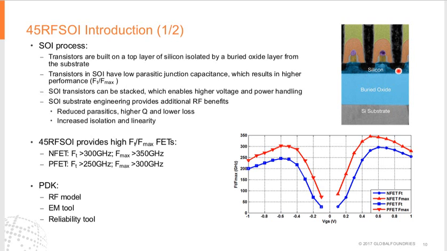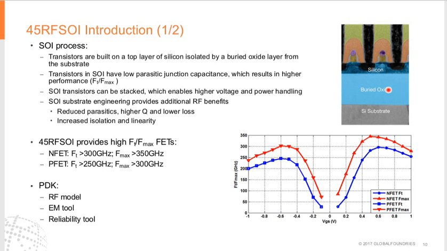Based on thin-film technology, the transistors have low parasitic junction capacitance, which we use to achieve high FT and Fmax. SOI devices are isolated, so they can be stacked, which enables high voltage and high power handling for the switch and PA design.